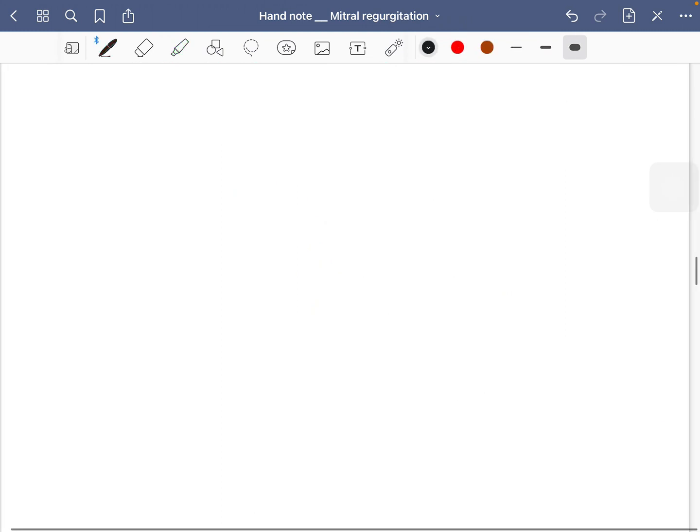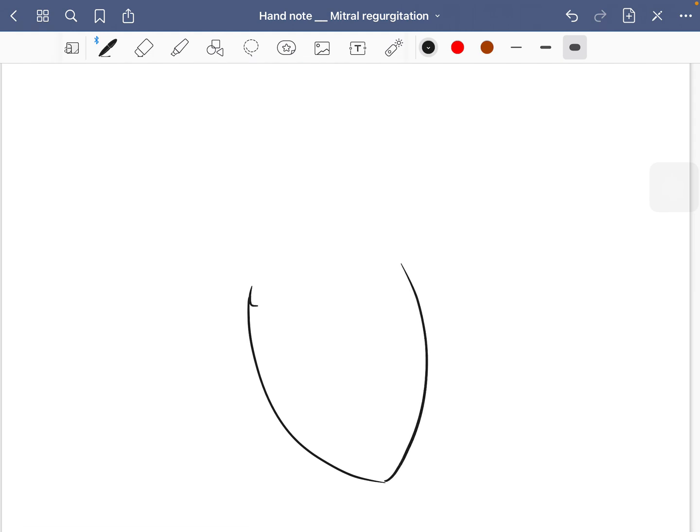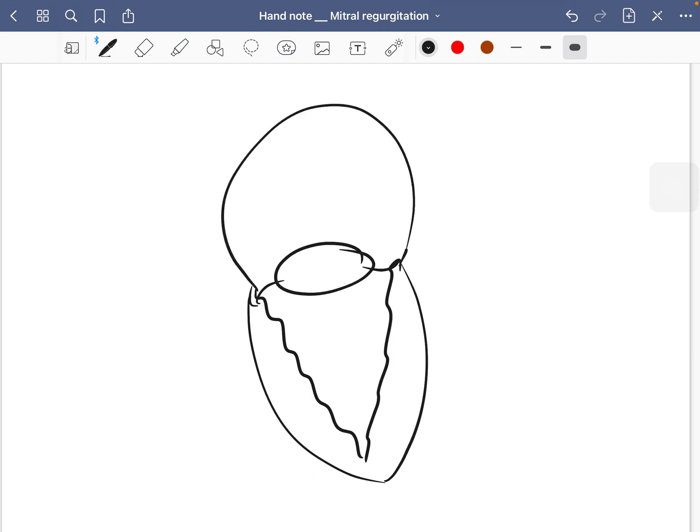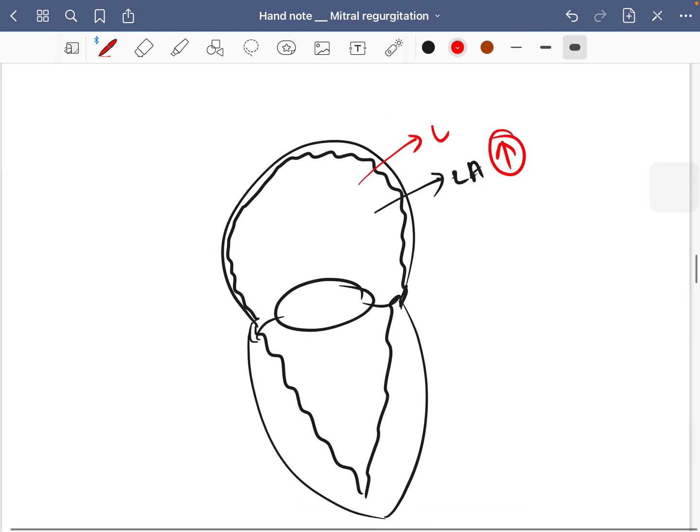Suppose I'm drawing the picture again. Already we can see the left atrium is enlarged. That means eccentric hypertrophy has already happened here.